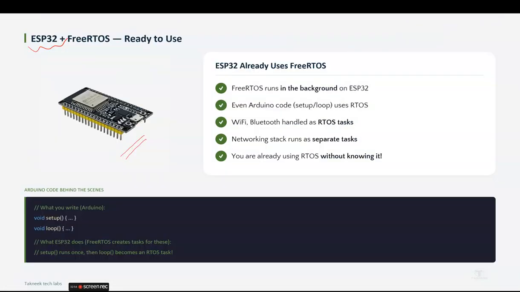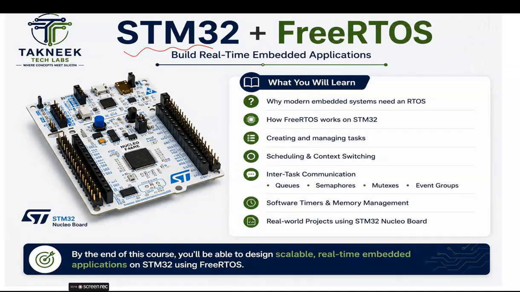The advantage of using ESP32 is that learning gets faster, because it runs FreeRTOS in the background. We'll see how it works in the next classes, but it gets easier.